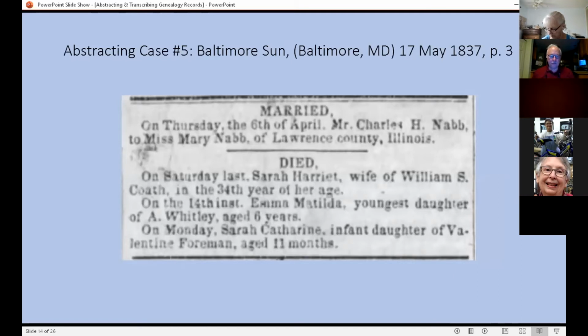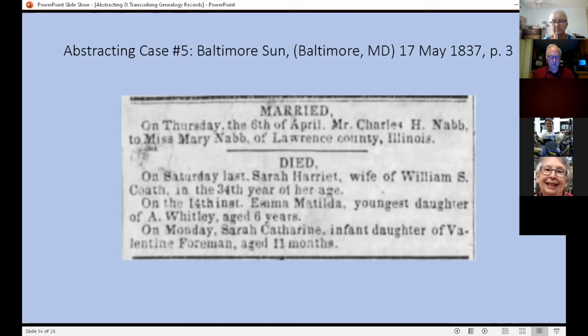And what you have here at the top is a marriage announcement, and then below that are the deaths. And when you're indexing or abstracting information, some people like to be as brief as possible. Other ones like to be a little more detailed with their information.